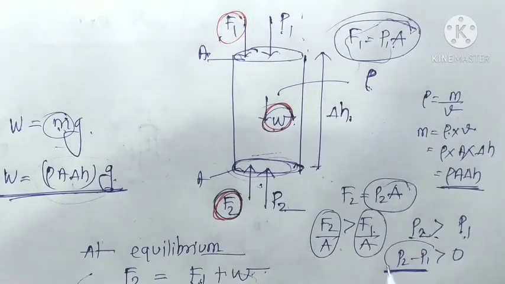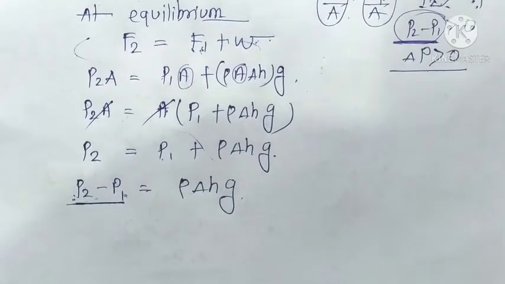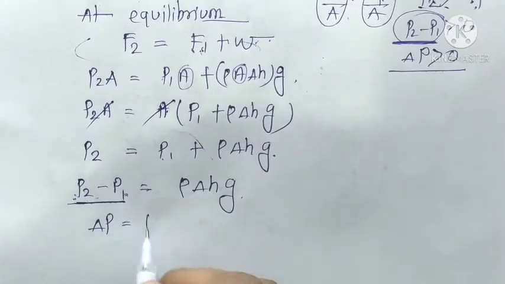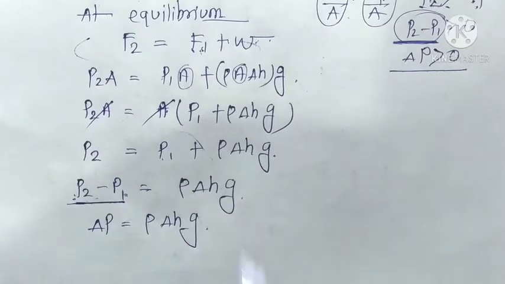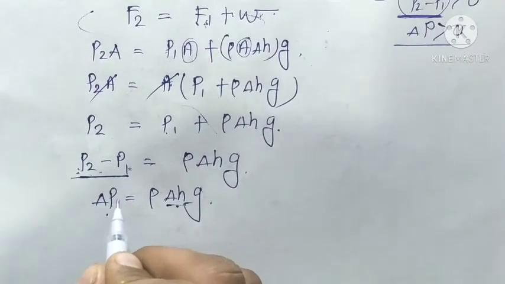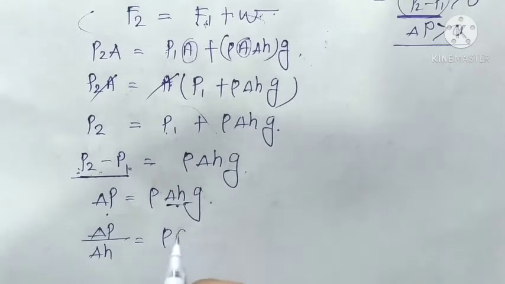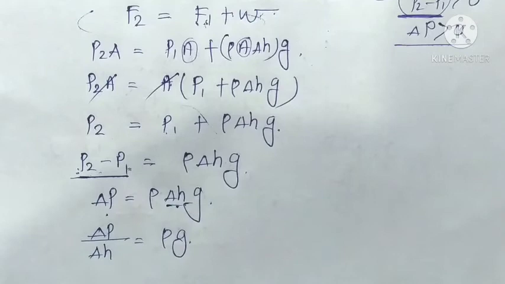The difference of two pressures delta P must be greater than 0. So we can write delta P is rho delta H G. Now this term goes to the denominator of the left hand side. So delta P upon delta H is equal to rho G. Okay, understand that?